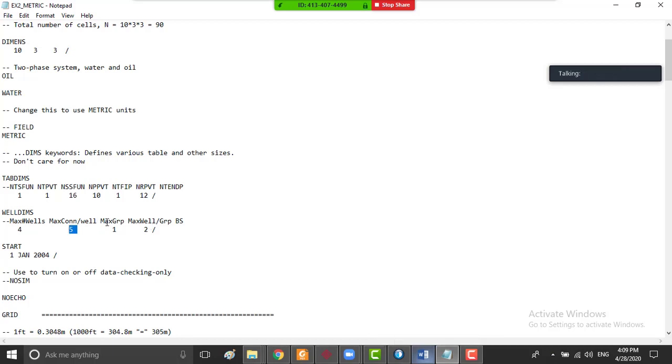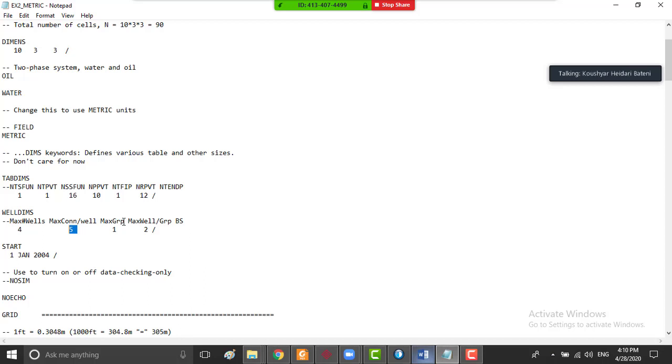And the fourth piece of data, its meaning is the maximum number of groups of wells, because in your Eclipse simulation data file, you can group various wells. And that comes into play when you have a very big reservoir of many hundreds of wells. Over there, you want to group your wells.